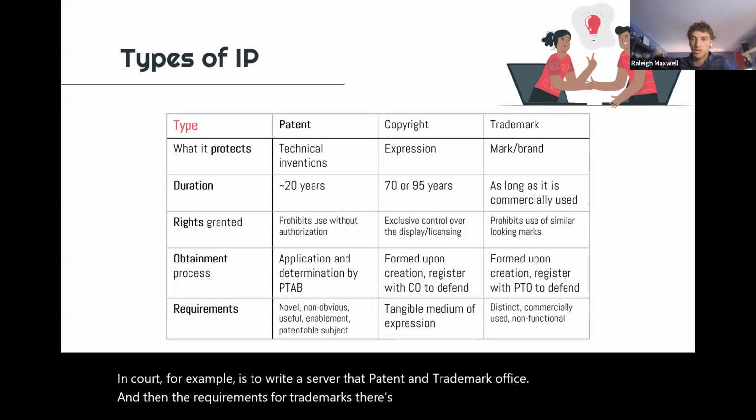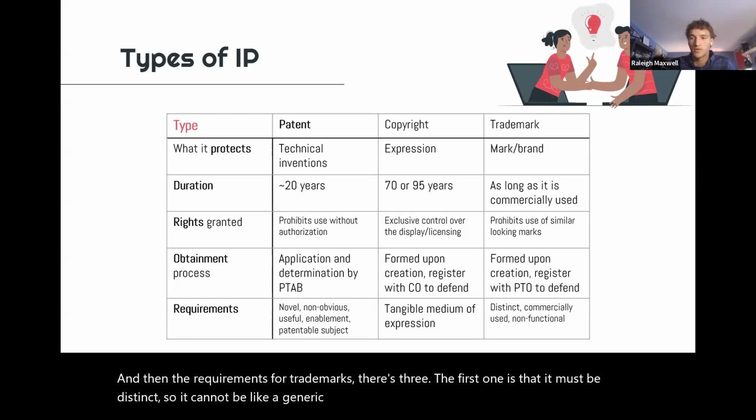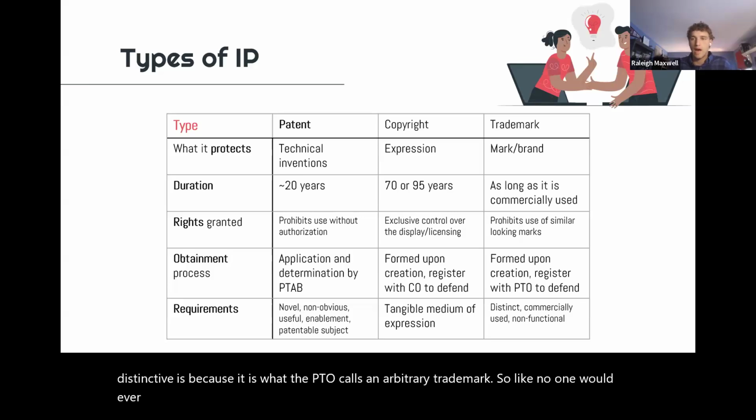The first one is that it must be distinct, so it cannot be a generic term. The reason Apple, for example, is distinctive is because it is what the PTO calls an arbitrary trademark. No one would ever call a computer an Apple. So it is distinct because it's an arbitrary way of designating a computer, right?